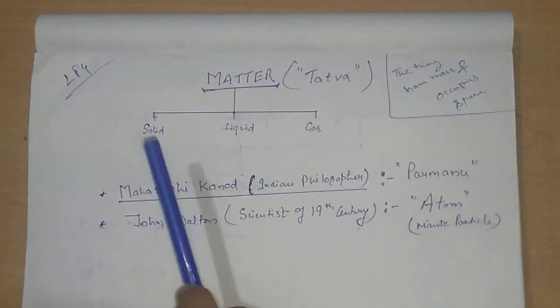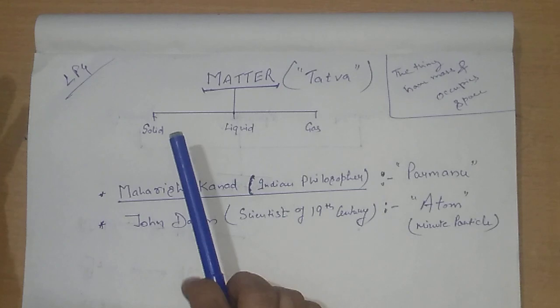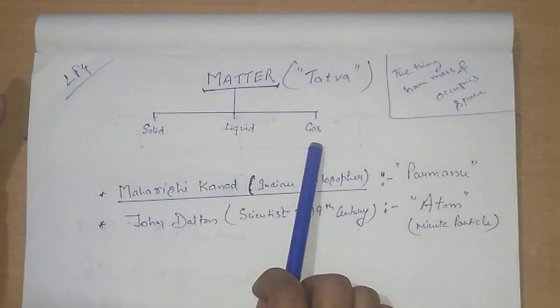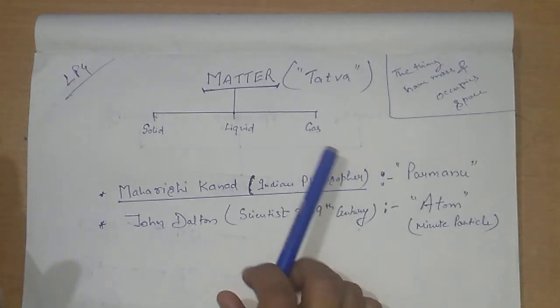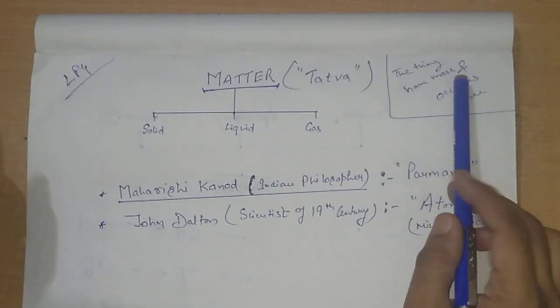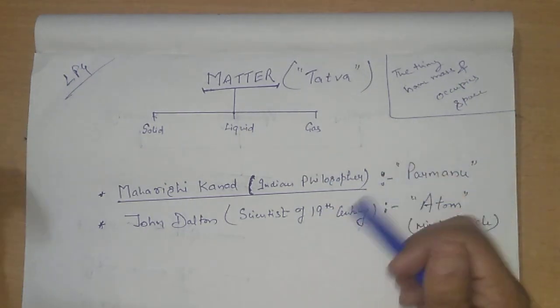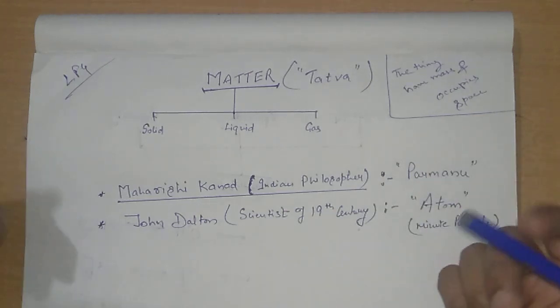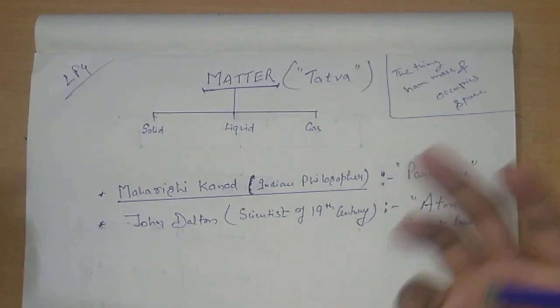Solids and liquids we can see, we can feel, we can identify by seeing, but gas is something which we are not able to see. Clear? But gas also occupies space when we compress it and fill it, like the air in the tires of vehicles.